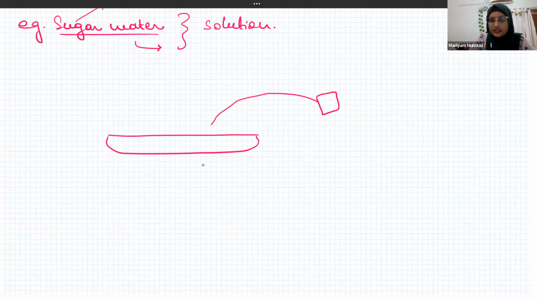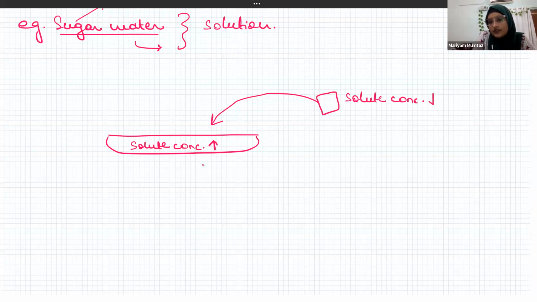I am putting it here, wherein this solution the solute concentration is high as compared to here, where solute concentration is low. Now can you tell me where would the water go? Inside the cell or outside the cell? Outside the cell.